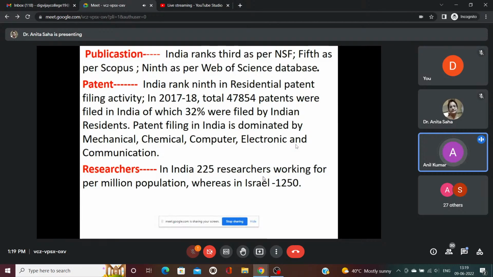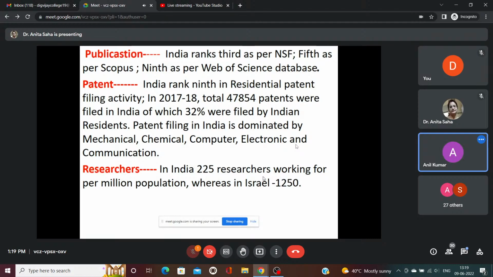Regarding patents, India ranks 9th in resident patent filing activities. In 2017-18, a total of 47,854 patents were filed in India, of which 32% were filed by Indian residents. This is a very good number of patent filings by Indian residents.